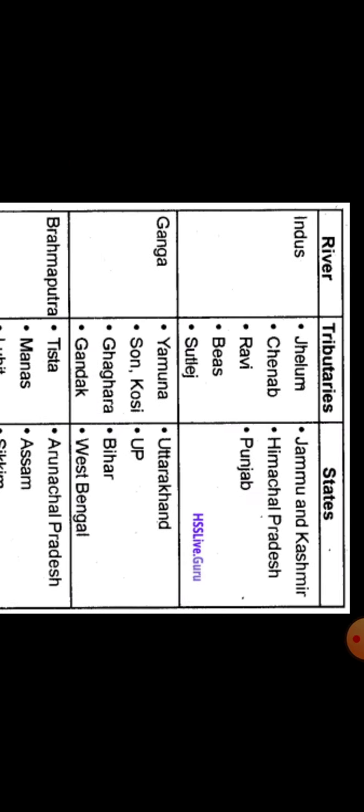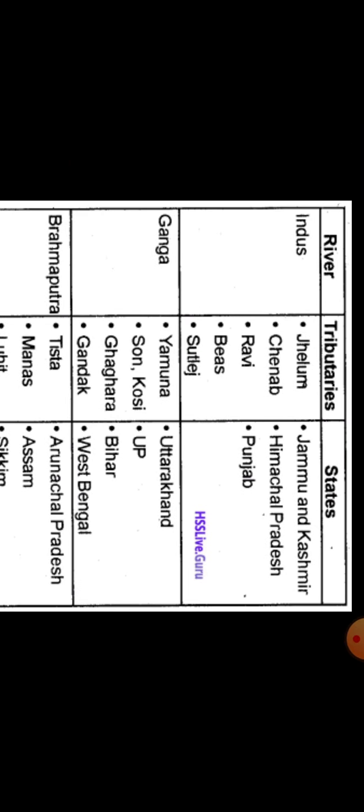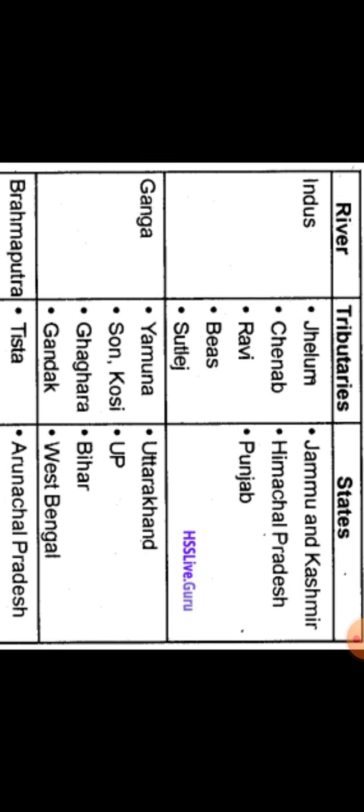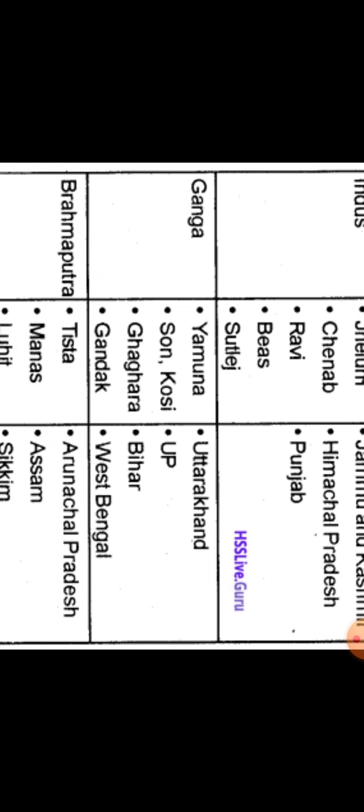Observe here, this table explains the rivers' tributaries and which states they flow through. First one, Indus. Indus tributaries: Jhelum, Chenab, Ravi, Beas and Sutlej. It flows through Jammu and Kashmir, Himachal Pradesh and Punjab. Next, Ganga.